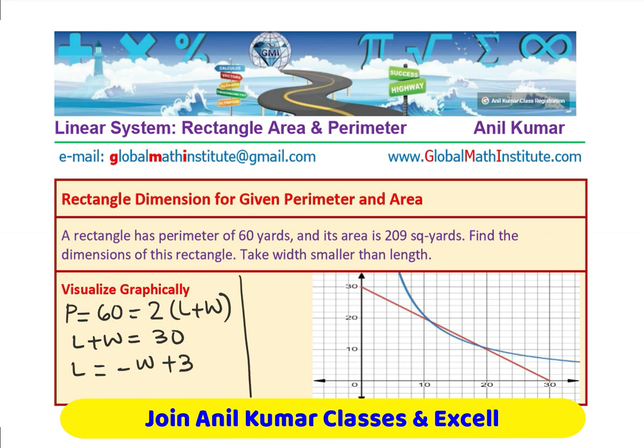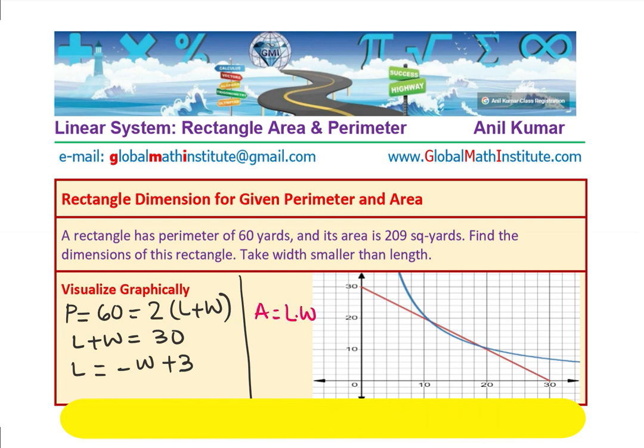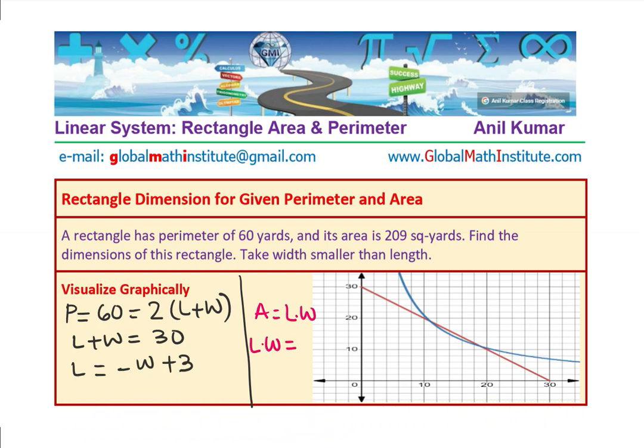So that was one equation. The other equation which we worked out was the area, which is length times width. And we know that area, length times width, is equal to 209. And therefore, we can say length is 209 over width W, correct?